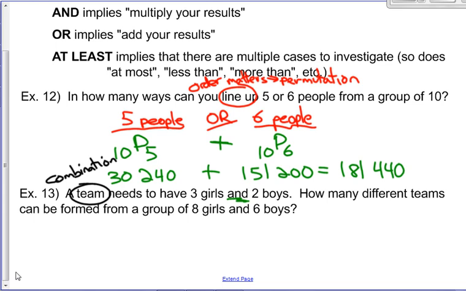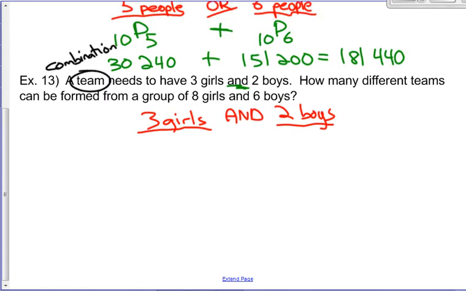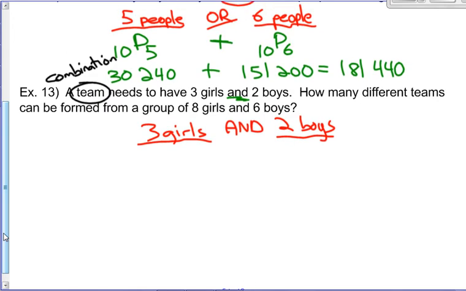So again, I'm going to write this out in words. The setup is that there need to be 3 girls and 2 boys. Now for the girls, I have 8 to choose from, and I'm going to choose 3.